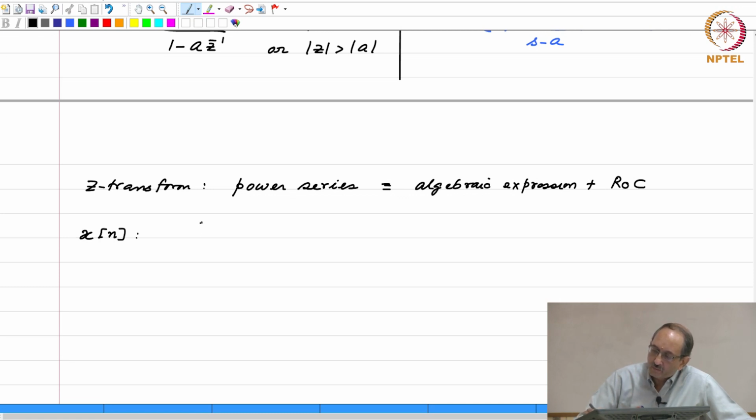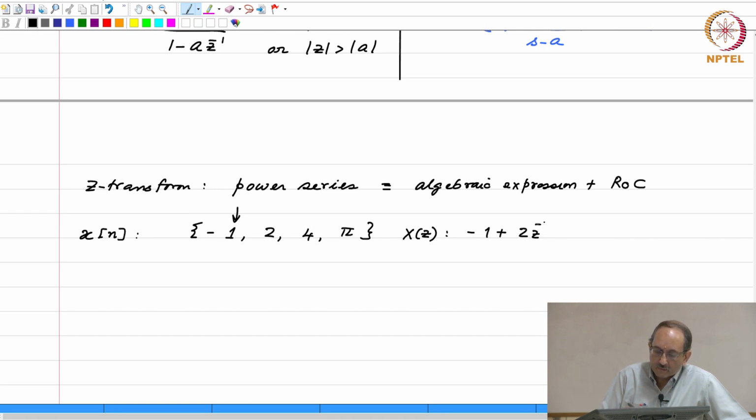Suppose you had x of n to be minus 1, 2, 4, pi, and we will use this arrow to denote that this is the n equal to 0 term. The corresponding x of z, all you need to do is merely apply the definition. So, this is minus 1 plus 2z inverse plus 4z to the minus 2 plus pi times z to the minus 3.